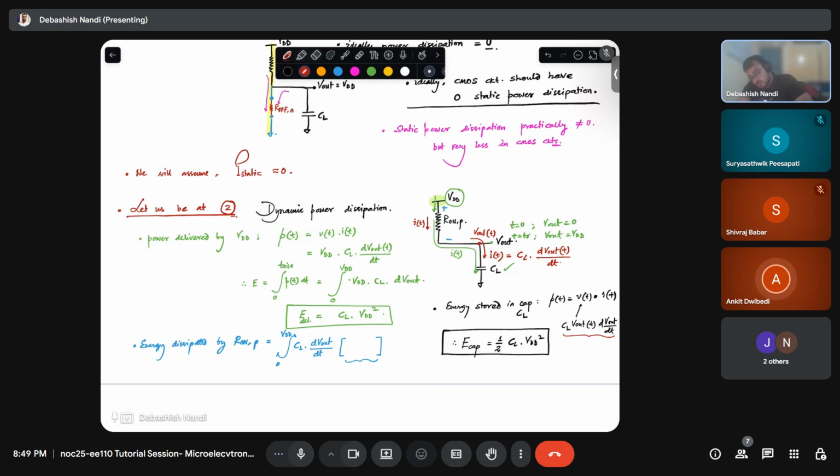So voltage across R on is VDD minus V out, right? So exactly in the same fashion, if you integrate it, you will find this to be half CL VDD square.